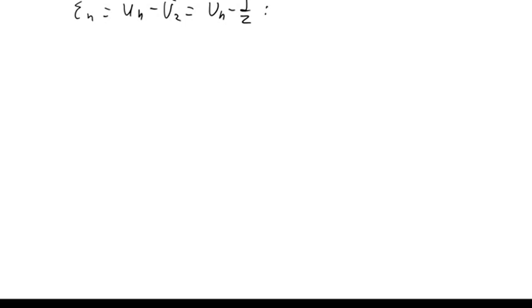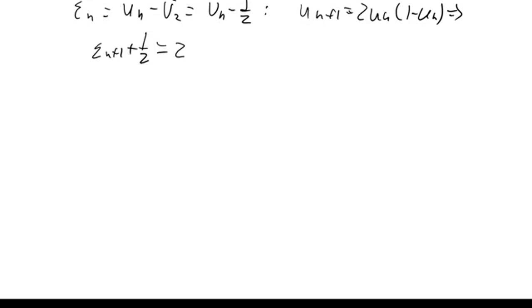Then our equation un plus 1 equals 2 times un times 1 minus un can be written in terms of epsilon as epsilon n plus 1 plus half, it is un plus 1, equals 2 times epsilon n plus half, and this is 1 minus epsilon n minus half.